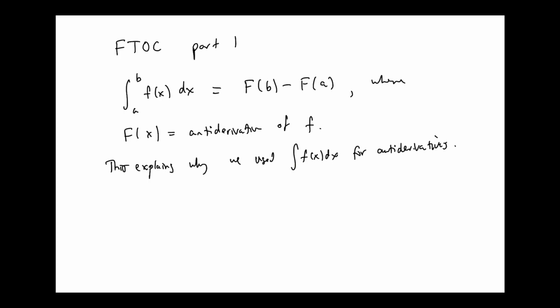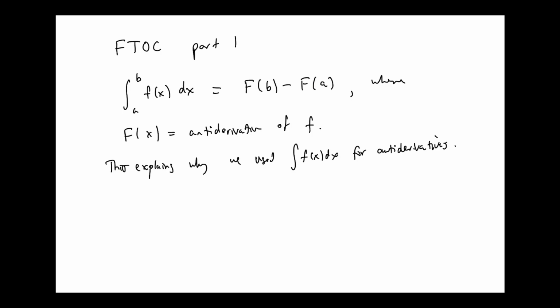What was the notation we used for antiderivatives, to mean take the antiderivative of f? We picked this symbol, this funny S. But then we also use that funny S to talk about area. Why would we pick the same symbol unless the two ideas have something to do with each other?